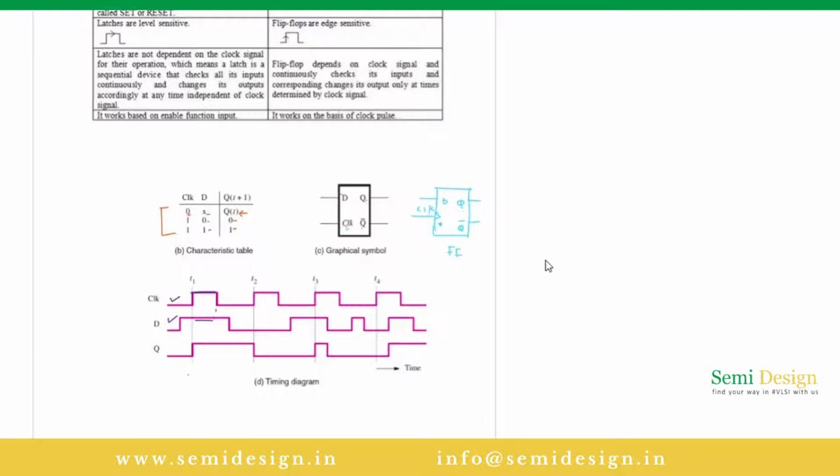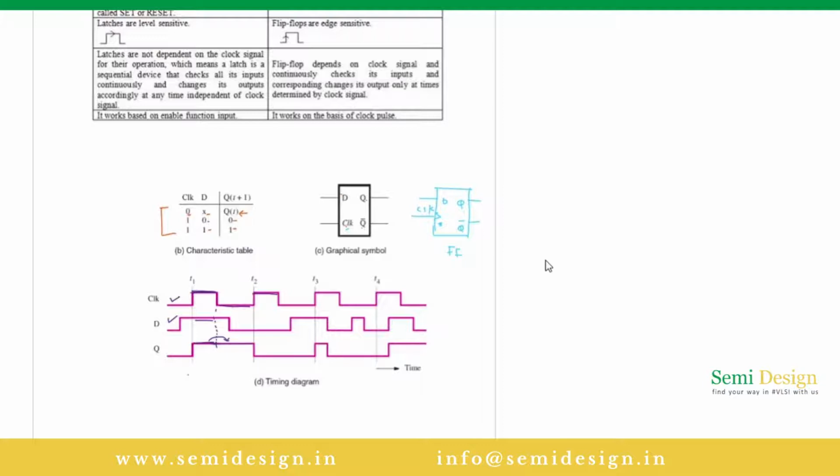So what is there during this positive level? 1 is there, so 1 will be here. Similarly, during this negative level, it will retain its previous value. What is the previous value? 1 is here. So till the next positive level, it will retain the previous value.